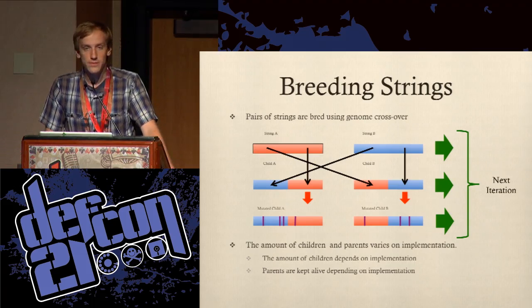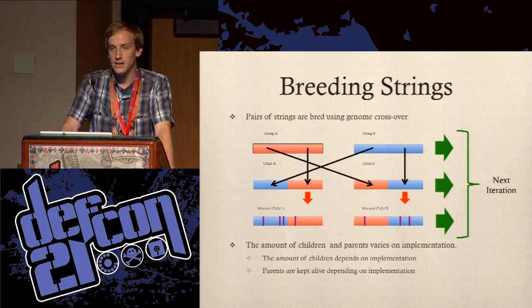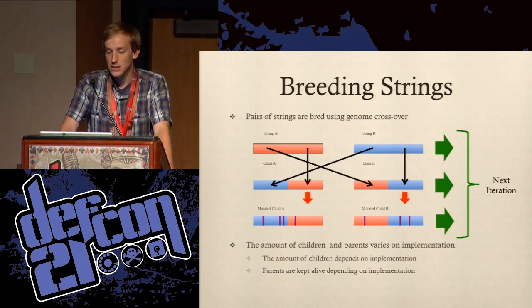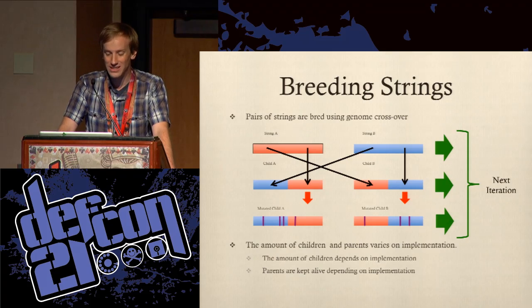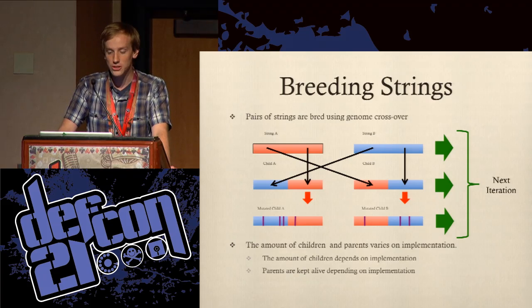Once we find out what a creature's score is, we breed the top scores and kill the underperforming scores. A good chunk of genetic algorithms use genome crossover, and this works really well in our domain because we have these variable-length SQL injection strings that we need to breed against each other.